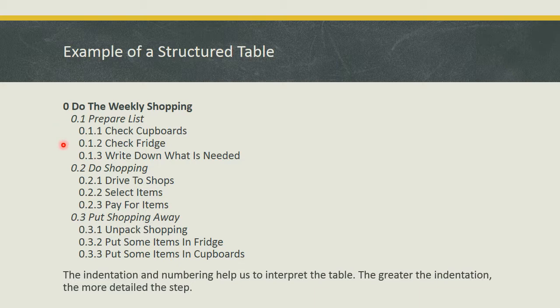So the indentation is vital for us to interpret the table. Furthermore, the greater the indentation, obviously the more detailed the steps would be. So perhaps the check cupboards might have, if the problem was more complex, other sub-steps which would be further indented.